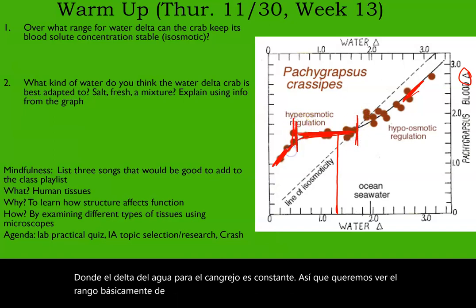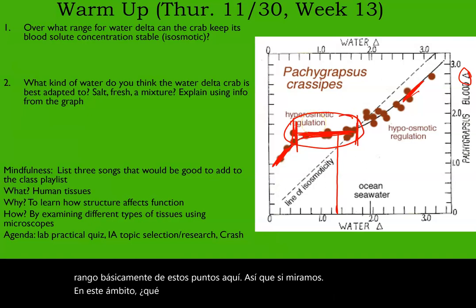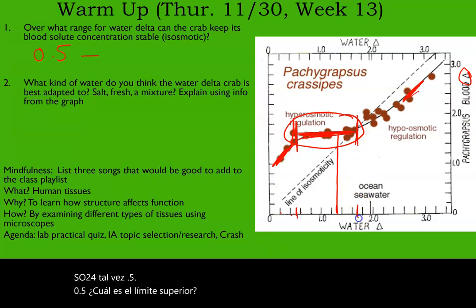So if we look in this area, what range might we assign? What's kind of the bottom range here? So 0.2, 0.4, 0.6, maybe 0.5. 0.5. What's the upper limit? 0.2, 0.4, 0.6, 0.8, 1.7 delta.